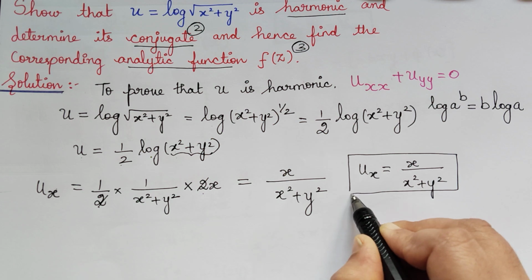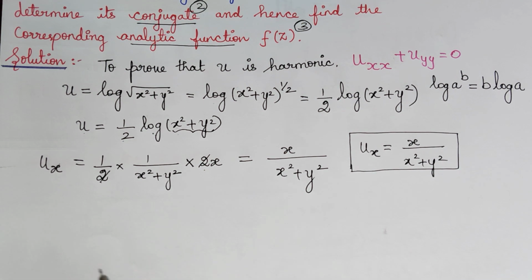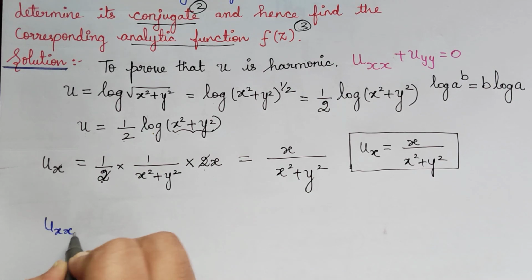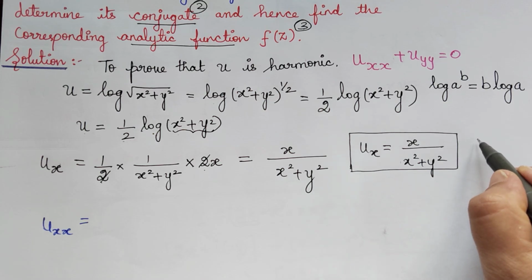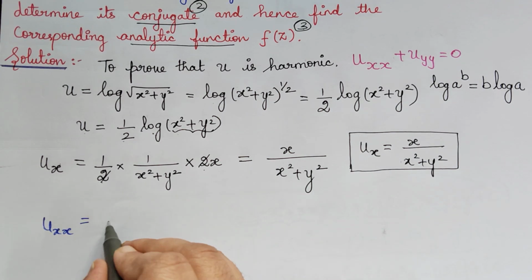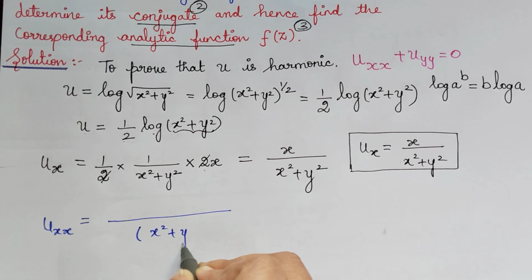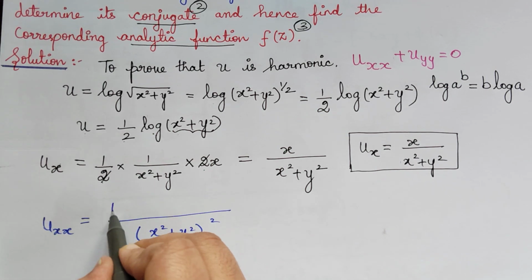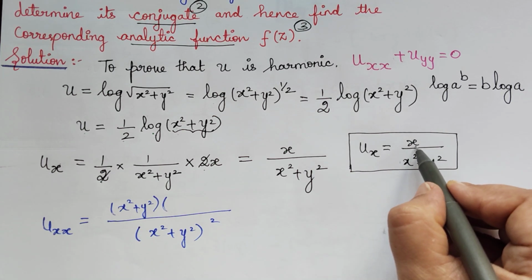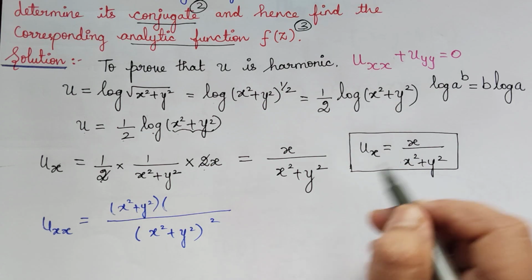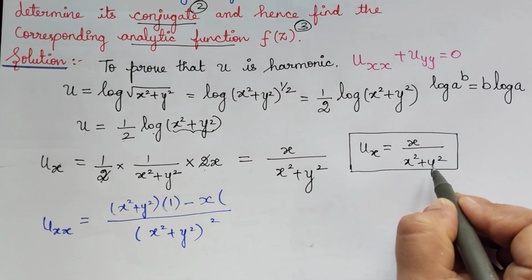Now using this we have to find uxx. So uxx will be differentiation of ux with respect to x partially. So now we have to differentiate this, for which we have to use the u by v method. So using the u by v method, here we will be having x square plus y square the whole square, and x square plus y square multiplied with the differentiation of the numerator, which is 1, because the differentiation of x is 1, minus x multiplied with the differentiation of the denominator.